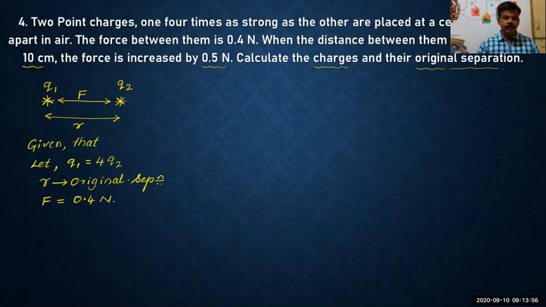Then, the changes which have to be made. The distance is decreased by 10 centimeter. It means I take it as R dash, and it is decreased by 10 centimeter. It is R minus 10 centimeter.